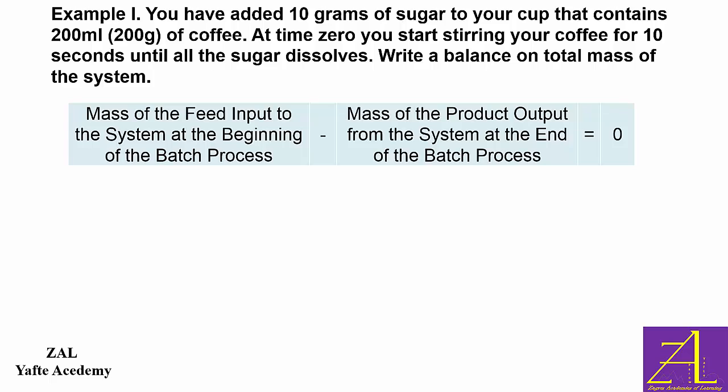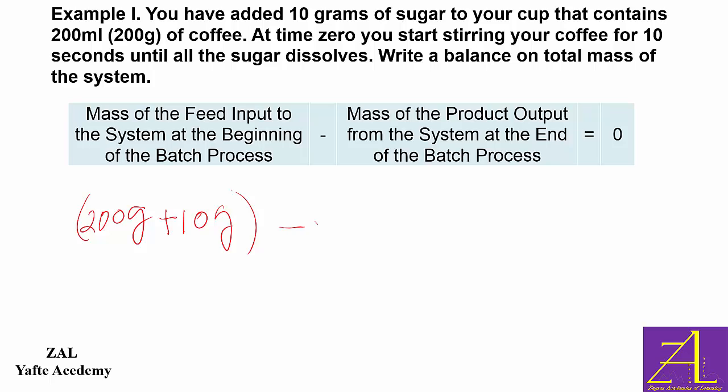So we consider the mass that has crossed the boundary before 10 seconds. We know that 200 grams of coffee is already in the cup, so it has already crossed the boundary, and 10 grams of sugar is added, so that crosses the boundary as well before delta T. We would like to know how much coffee is inside the cup after the 10 seconds that is going to cross the boundary as we drink it.